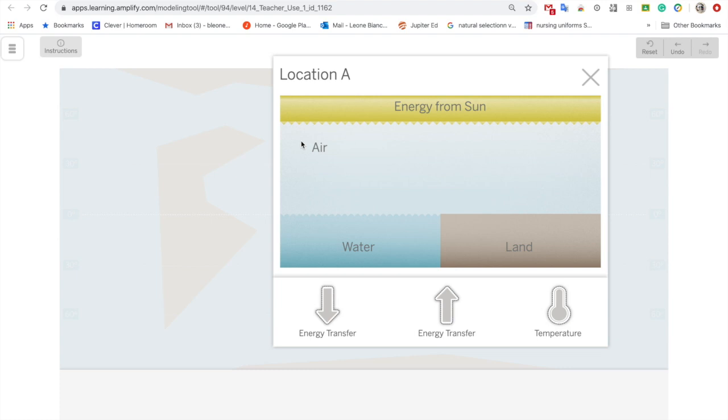I'm going to give you a few minutes to locate the model. I'm going to add energy transfer. It's coming from the sun. And the energy transfer is leaving the land and leaving the water.